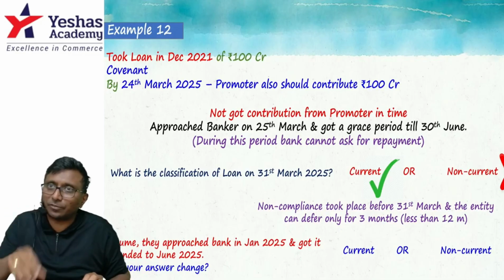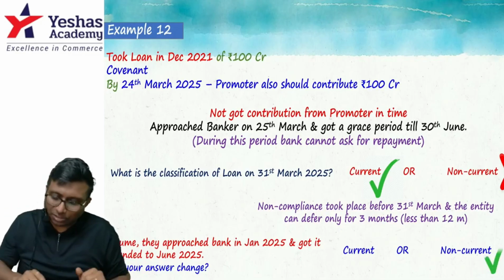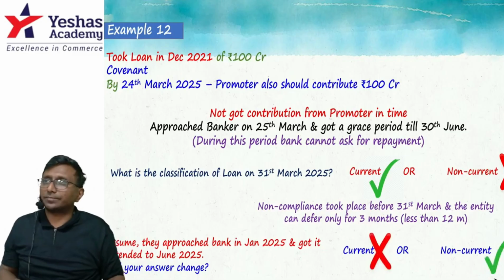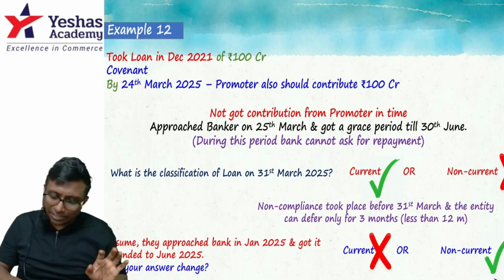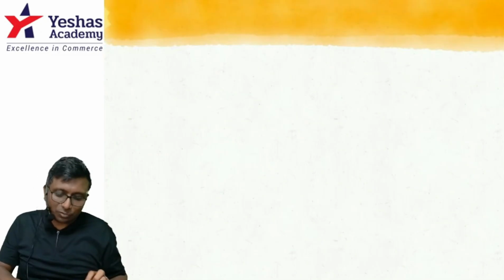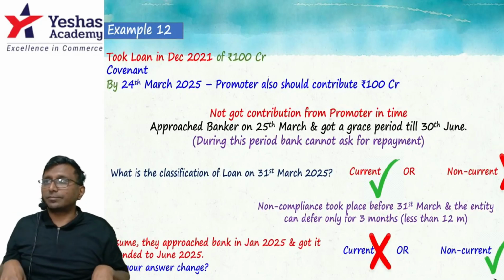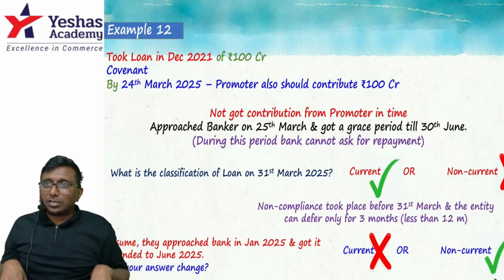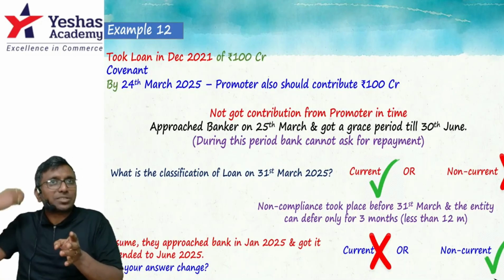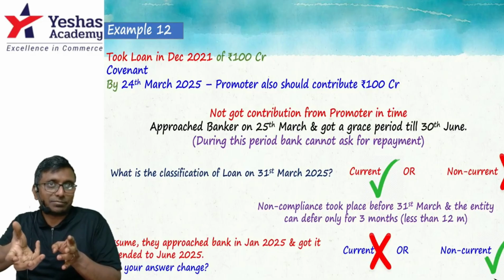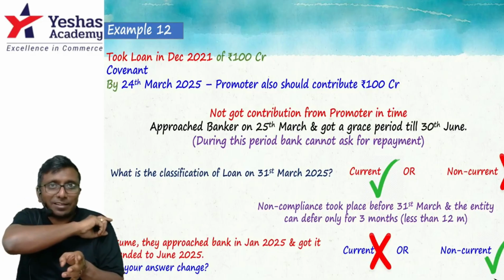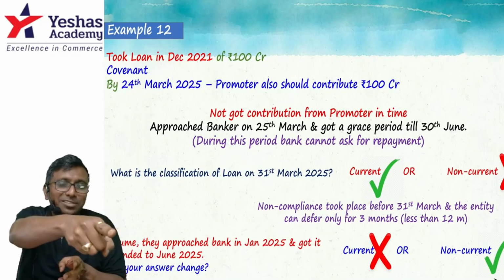Any small point of confusion? No, that's all. It is non-current, as you rightly said. That's it, yeah. Sometimes people get confused. Why? I don't know, but they get confused. Got it? Right. So, in the next 3 months, my person can bring. On 31st March, banker does not have a right to ask within 3 months.